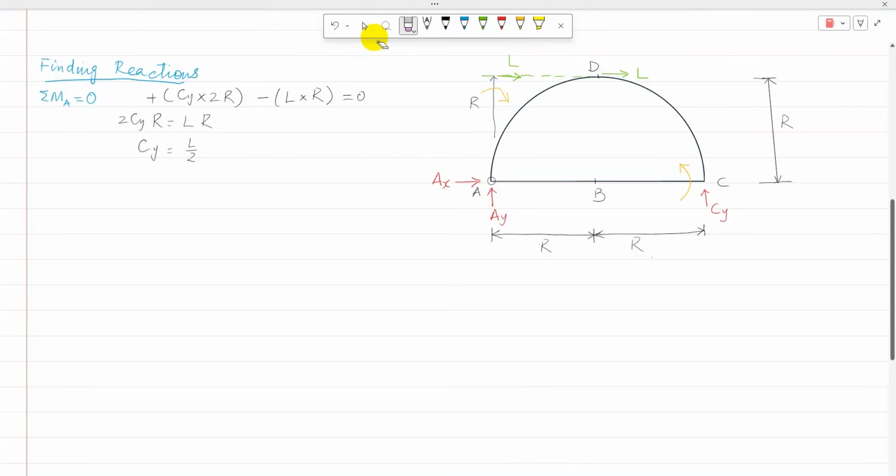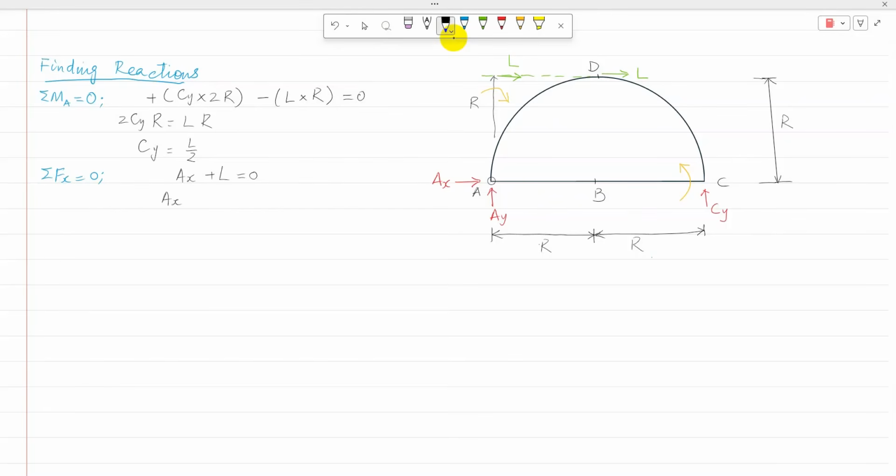Next I apply sigma Fx equal to 0. There is only one known force acting in the horizontal direction, L, and one reaction, Ax. So Ax plus L is equal to 0, because both are towards the right, the positive x-axis.